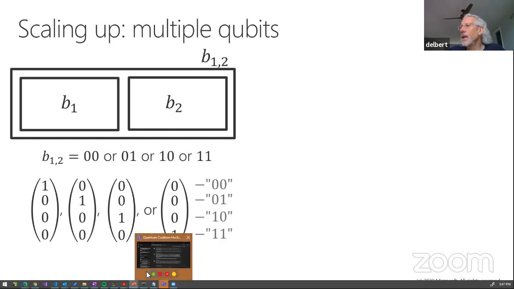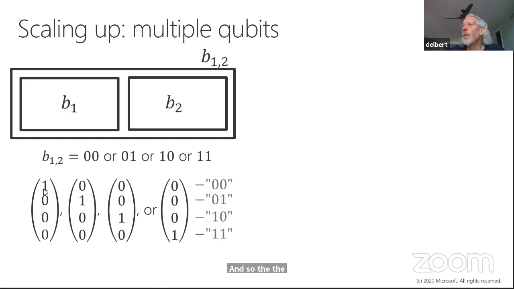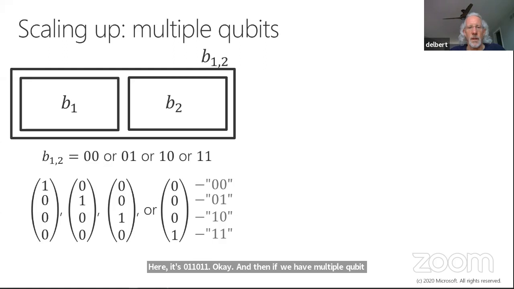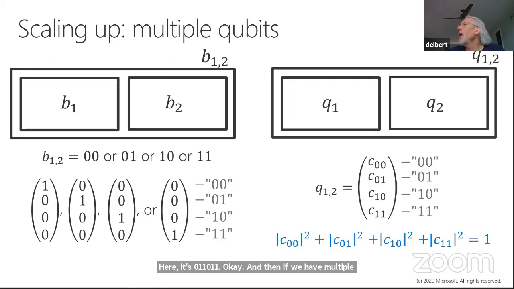And so the column vector 0, 1, and then 0, 0, 0 is the state 0, 0. Here it's 0, 1, 1, 0, 1, 1. Okay. And then if we have multiple qubits, the qubits themselves have that similar column vector notation.